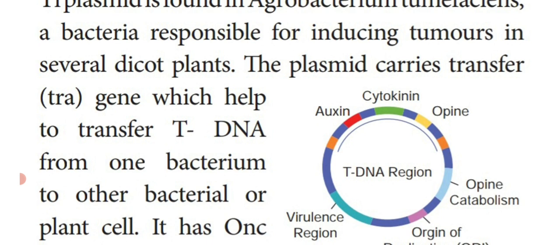So the Agrobacterium tumefaciens which contains the Ti plasmid, this Ti plasmid carries the tra gene, that means transfer gene, which helps to transfer T-DNA from one bacterium to another bacterium or the plant cell.